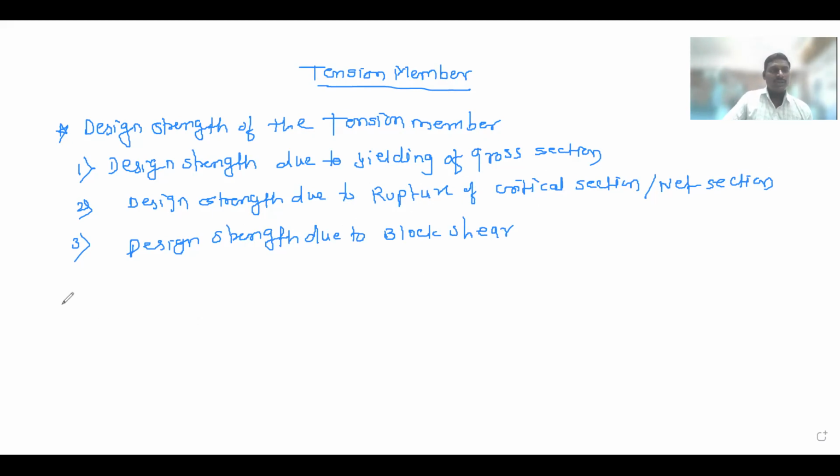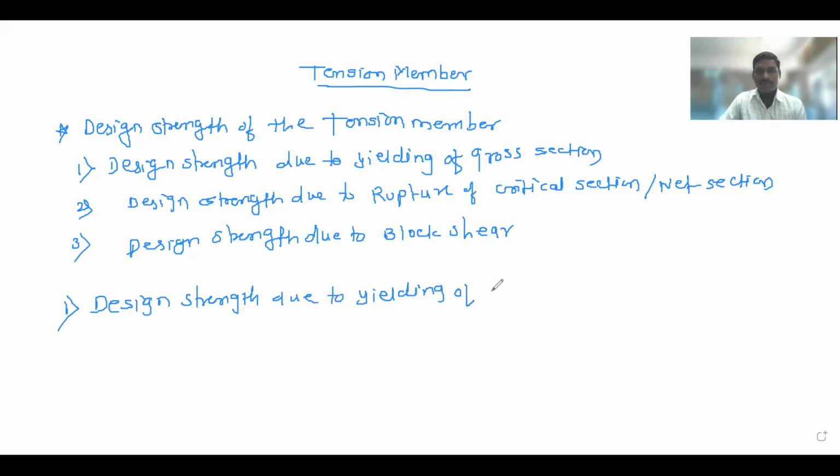Okay, so we will see first the design strength due to yielding of gross section. So how to calculate this?